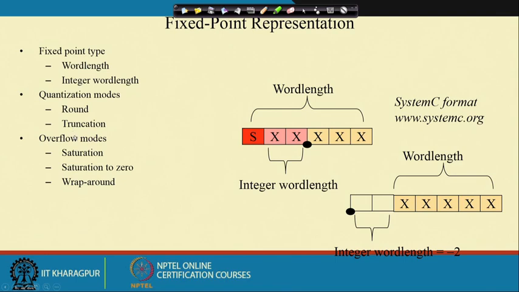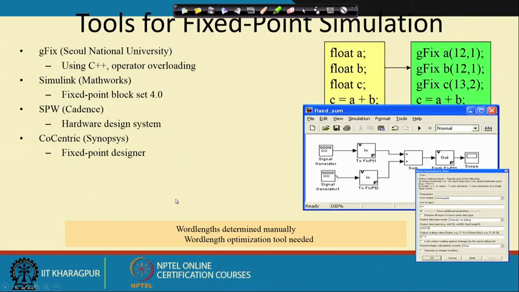Okay. In overflow, whenever we consider the overflow method, it can have three modes: saturation mode, saturation zero, and wrap around. So, these are the three modes of the overflow.